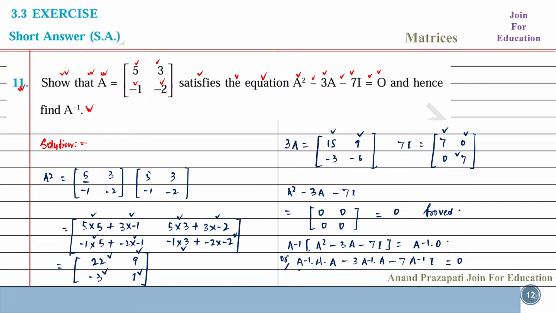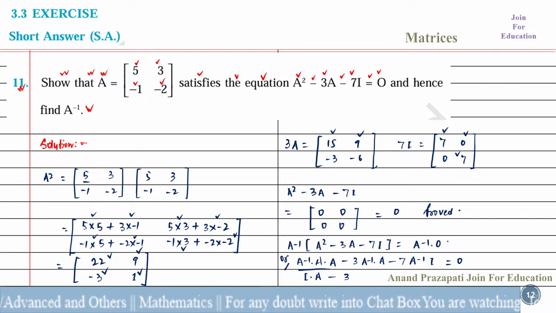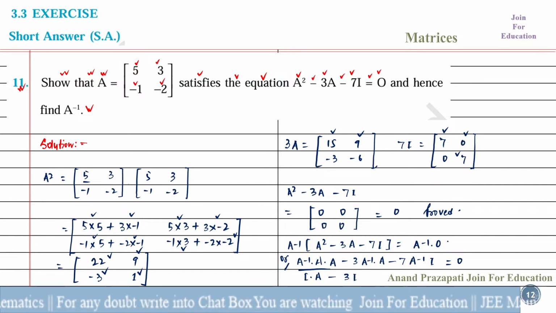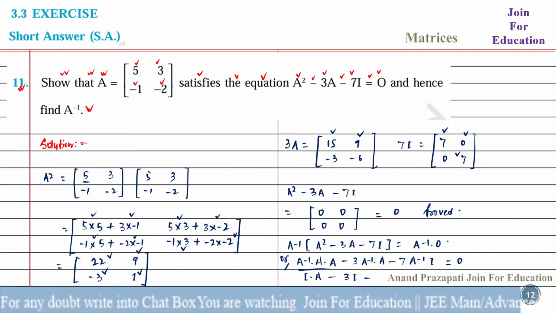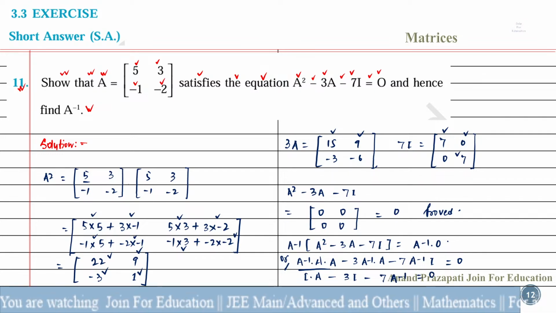So this one will be I into A minus 3I minus 7 A inverse equal to 0.